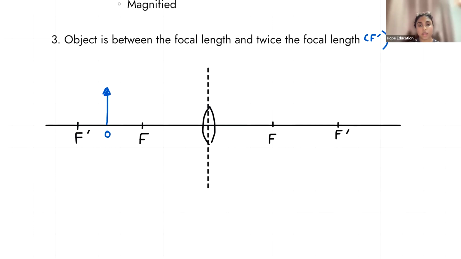I'm using this one where you send a light ray through the optical center and it will refract along the same path. Then I will send a light ray parallel to the principal axis and it will be refracted through the focal point. Like this.